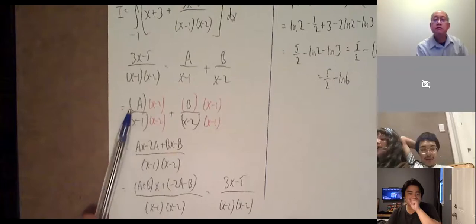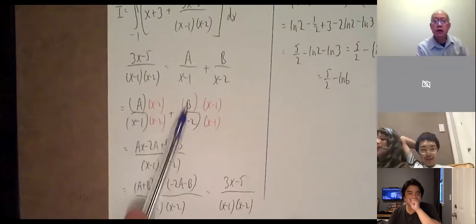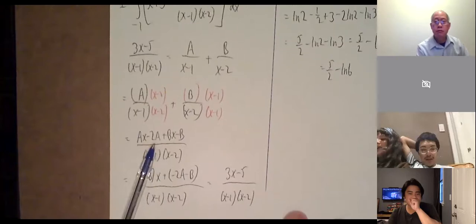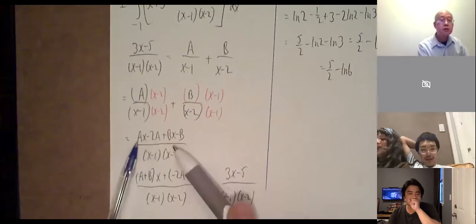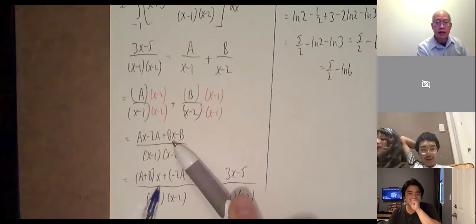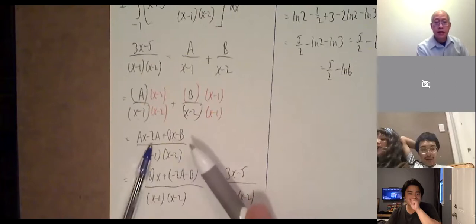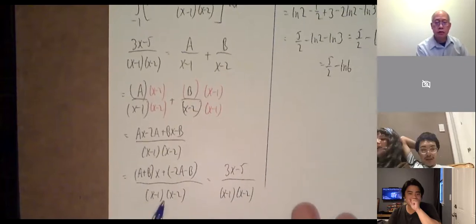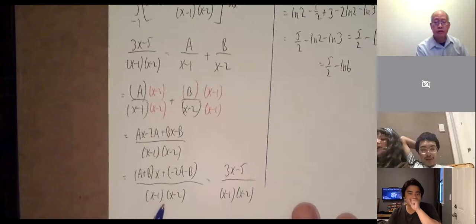Multiply out the top: Ax minus 2A plus Bx minus B. Then I gather like terms. Gather the x's. These two are x, so write it as (A plus B)x. And these two don't have any x, they're considered constants: negative 2A minus B, over x minus 1, x minus 2.